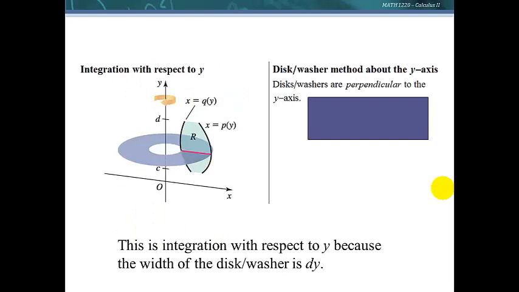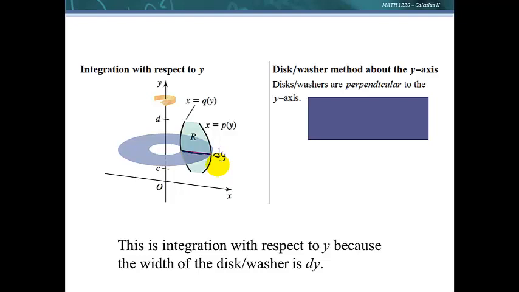Now, integrations with respect to y: if we're using the disk washer method and we're rotating around the y-axis, then we can see that the disks or washers here are perpendicular to the y-axis, and our representative slice has a little thickness dy. That lets us know we want the functions expressed in terms of y, and we will be integrating with respect to y.